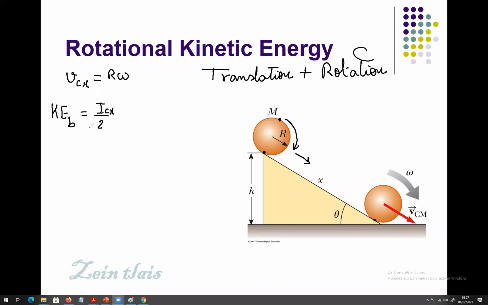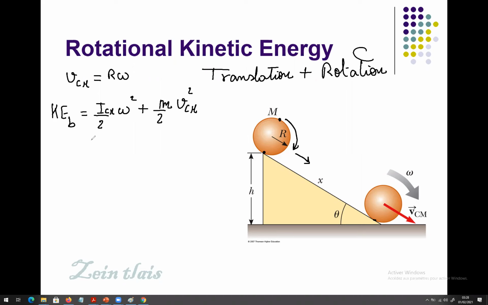So we can say directly equals to ICM over 2 omega square plus half m v cm square.